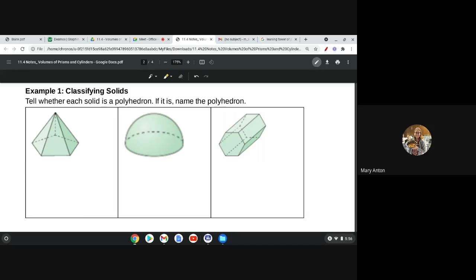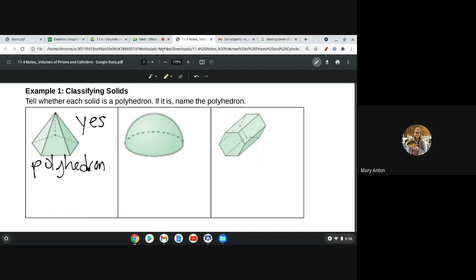All right, this first one. Is this a polyhedron? Are all of the faces polygons? Yes, they are. So I'm going to write yes, it is a polyhedron. And now, what kind of polyhedron is it?